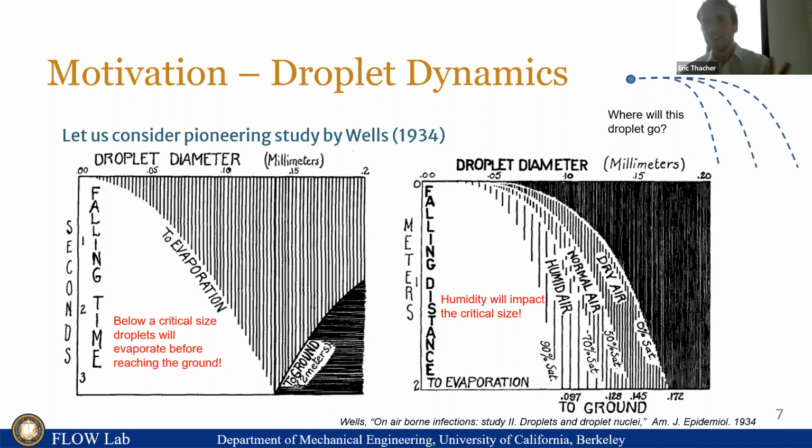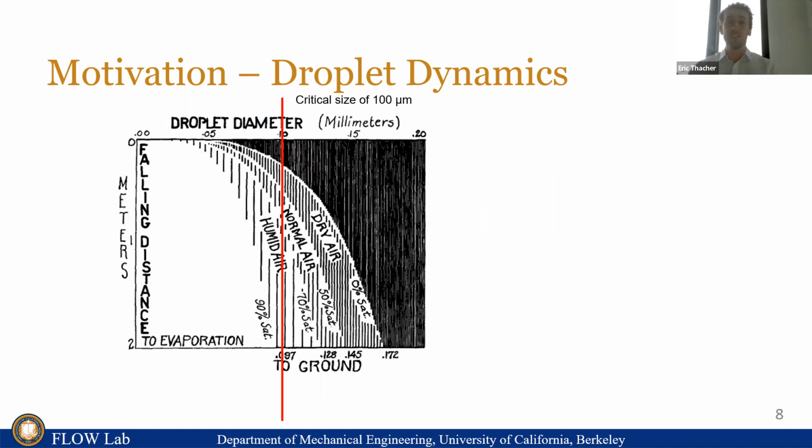The general idea that came out of this was that you had this critical droplet size, which is about 100 microns, and that if you were in a humid room, that would be a droplet that would take about the same amount of time to evaporate as it would take to hit the ground from 2 meters.